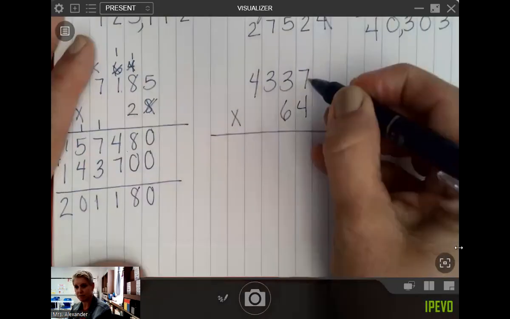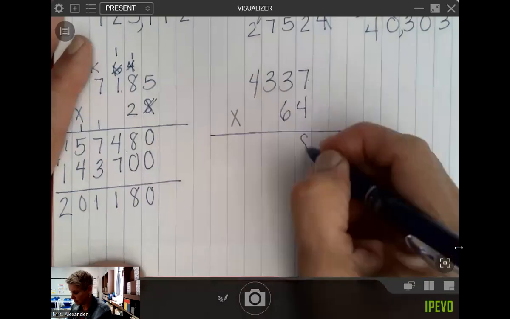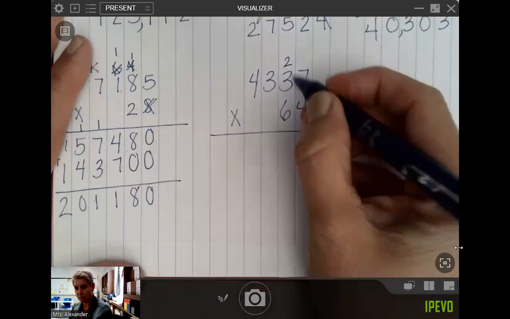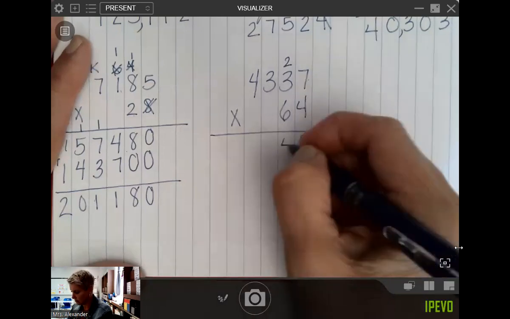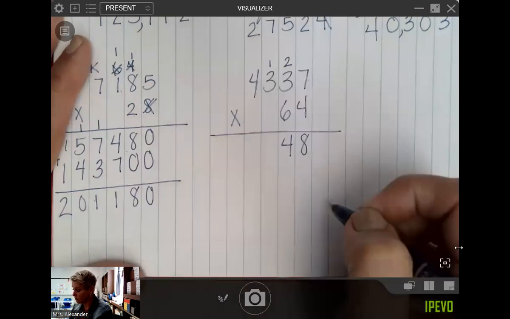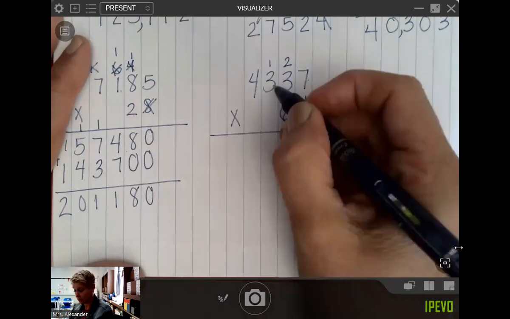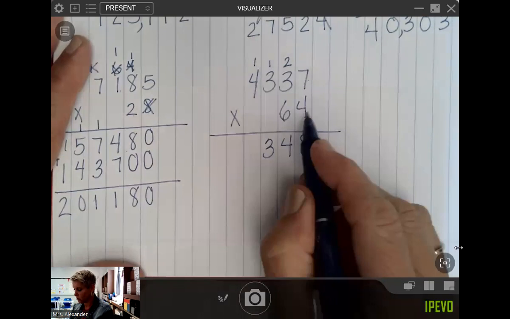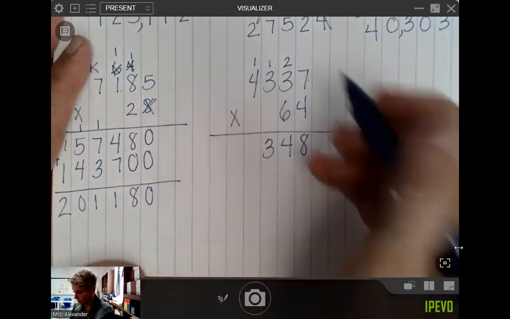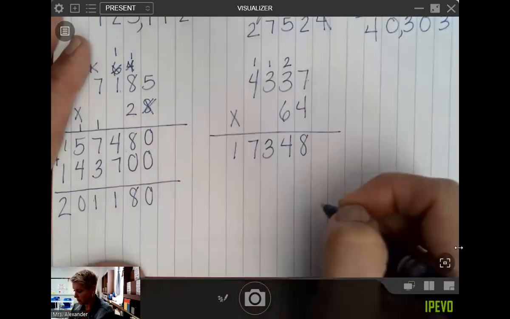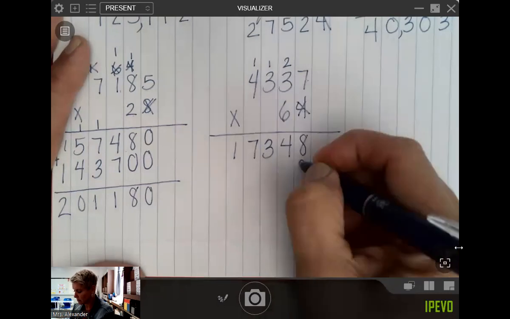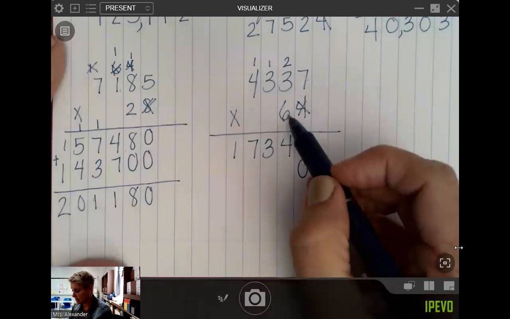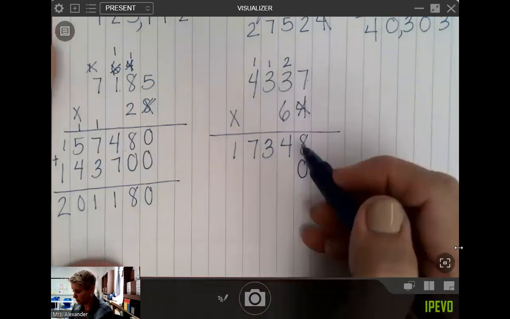4 times 7 is 28. We have to regroup. 4 times 3 is 12, plus 2 is 14. Regroup. 4 times 3 is 12, plus 1 is 13. Regroup. 4 times 4 is 16, plus 1 is 17. Finish with the ones. Drop our 0. In the tens place, 6 times 7 is 42.